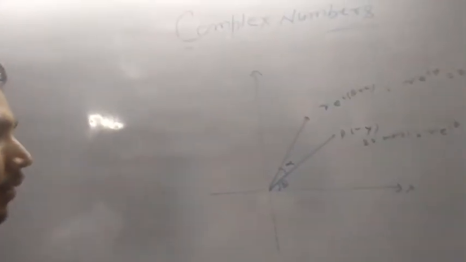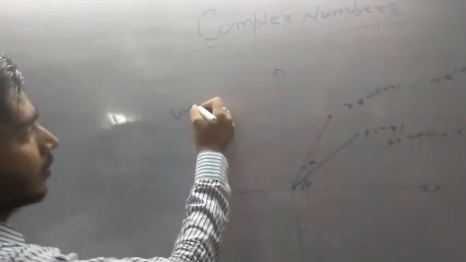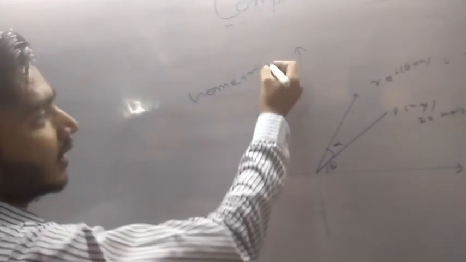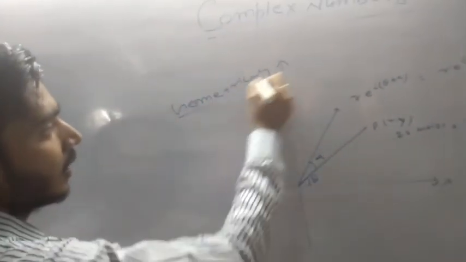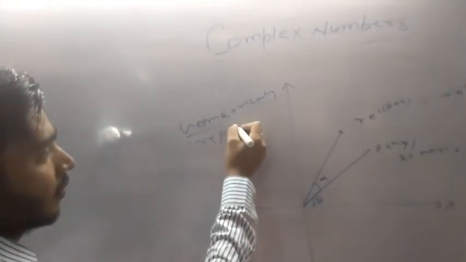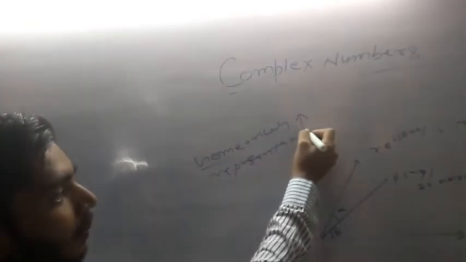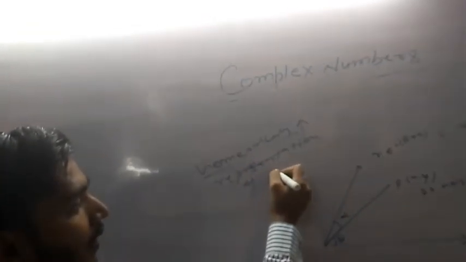So this is the geometrical representation of a point of a complex number.